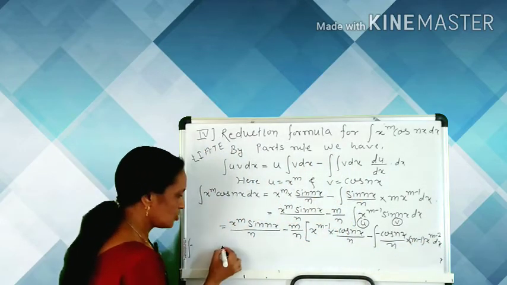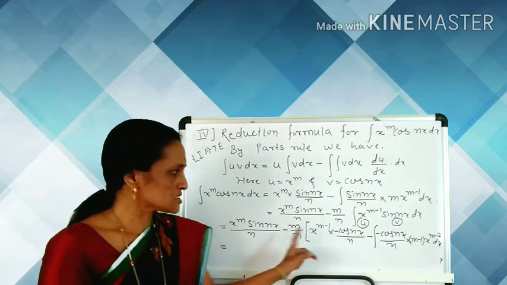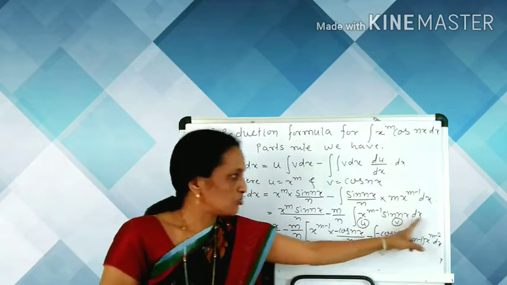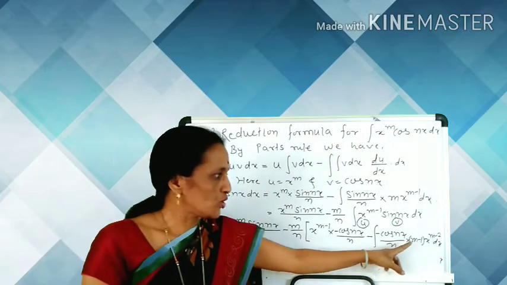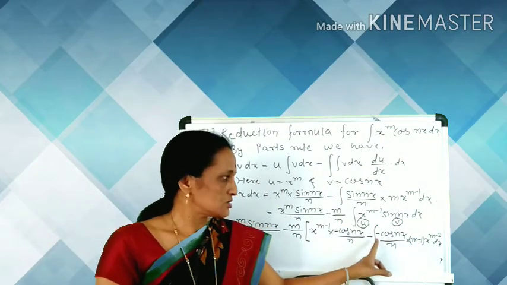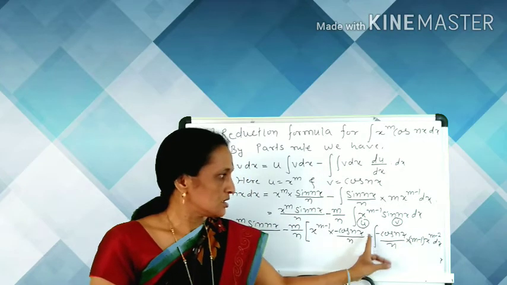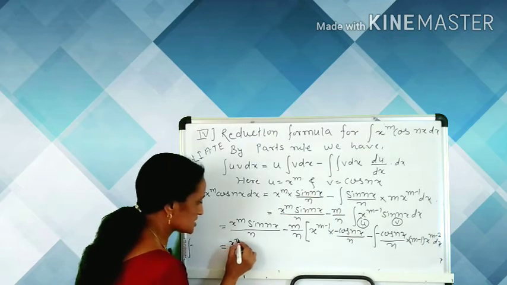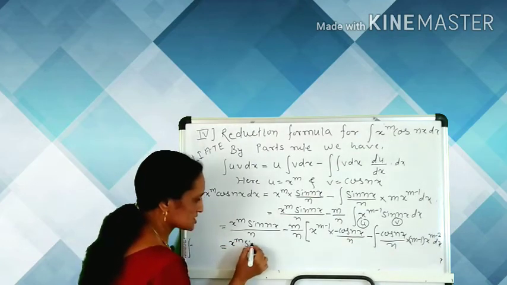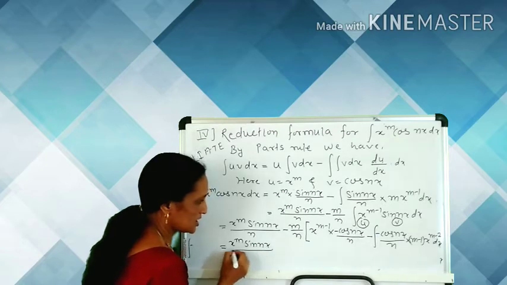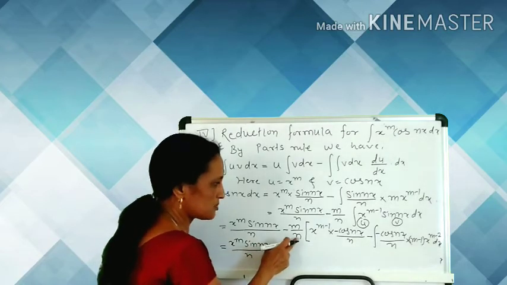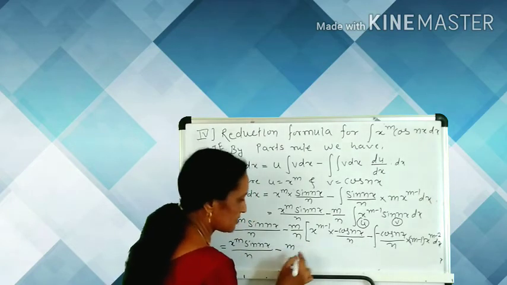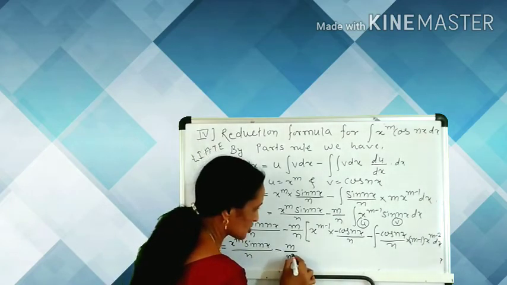Now lastly we write this by multiplying m by n into the bracket, and for this integral also we take the constant outside the integration. We write the first term as the same, x raised to the m sin nx divided by n, minus m by n multiplied into the bracket, where m by n multiplied by 1 by n is m by n square.